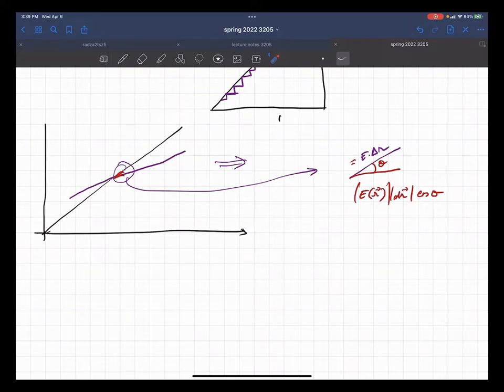Meaning that the amount of work, this is the small component of my meandering path, is only going to depend on the dot product between the electric field and the direction of travel. And so that gives me this cosine theta angle between them.